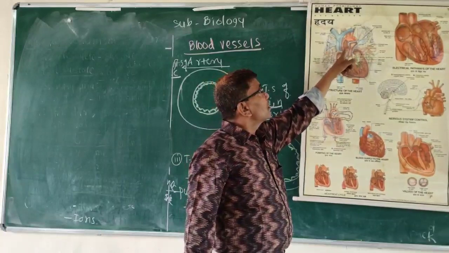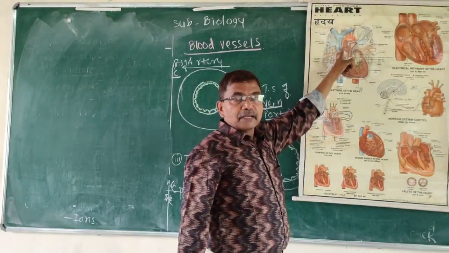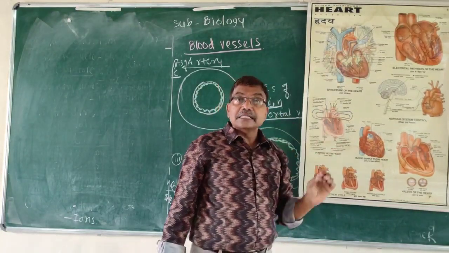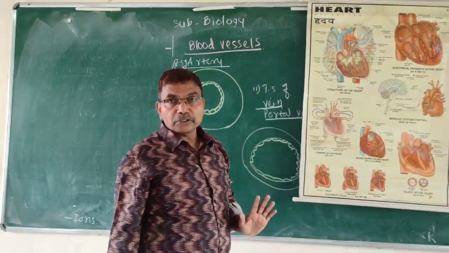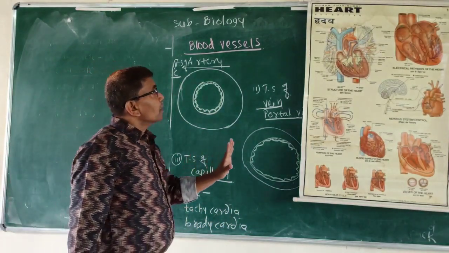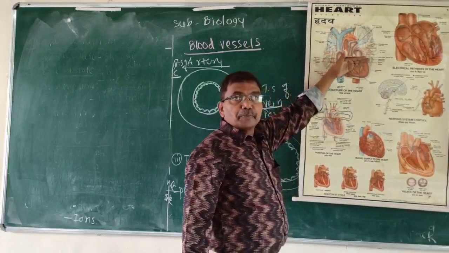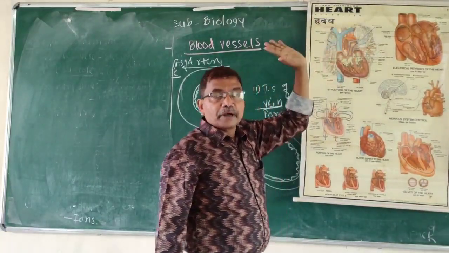The openings of these blood vessels are guarded by semi-lunar valves. Their closing creates a sound. So in this way, backflow from the vessel is prevented and blood is carried to the different parts.